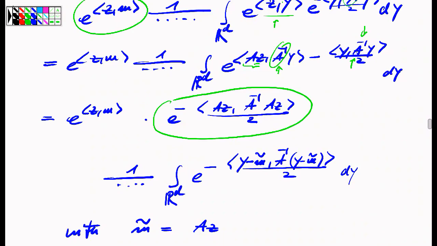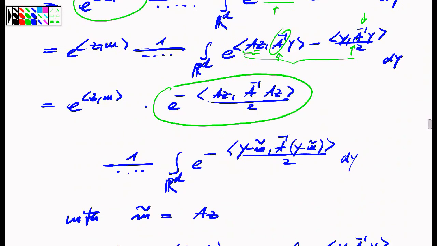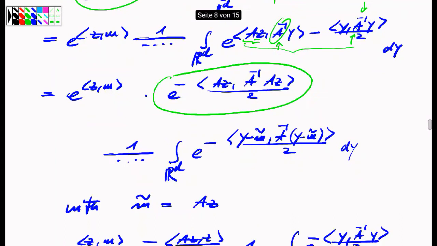where the part with a plus will be used to complete exactly this square here, which ultimately produces an expression of this form inside the integral, and the term which is outside, which is not used for the completion of the square, is exactly this term here, which is in the front. So let me say it again.